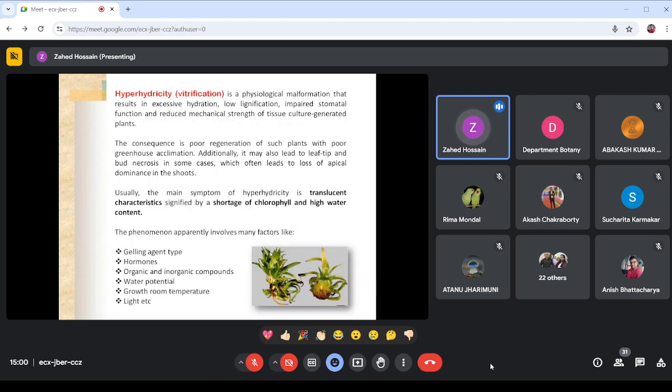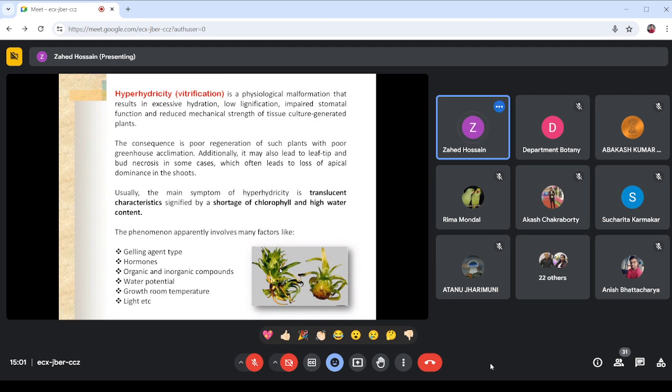Next slide I will show, this is called hyperhydricity or vitrification. Here the tissue raised plants are hydrated; you can find the cells are in a hydrated state. This is basically a physiological malfunctioning that results in excessive hydration, leading to very low lignification and impaired stomatal function. So it reduces the mechanical strength of the tissue raised plant.